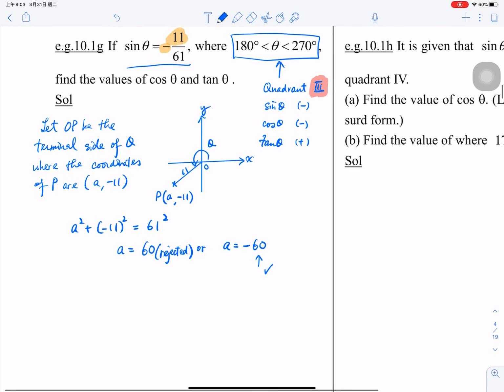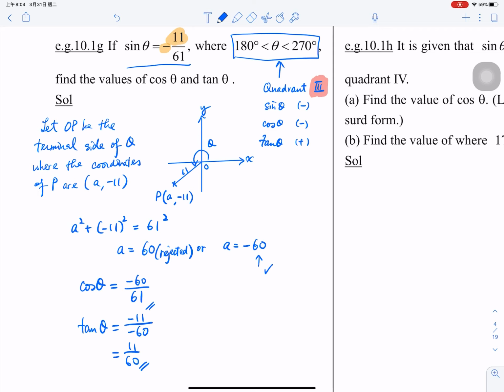So finally, cosine theta equals negative 60 over 61, and tangent theta equals y over x, so it should be 11 over 60.